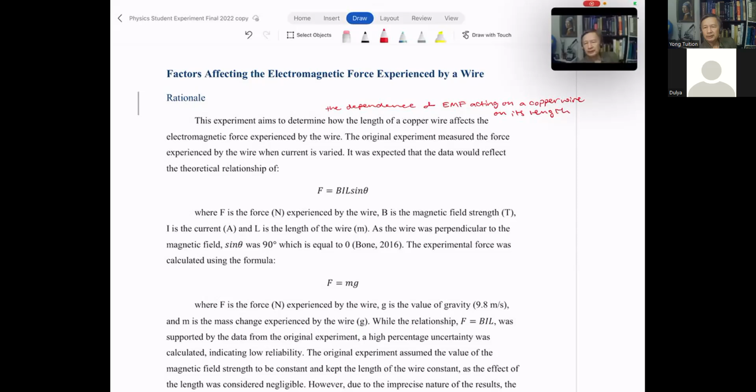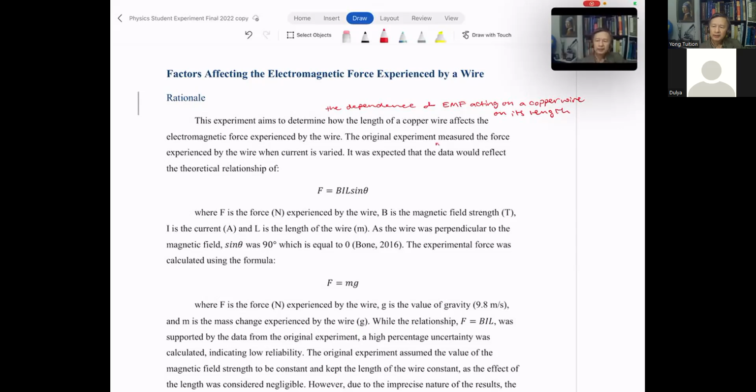Okay, just some changes. It was expected that the data would reflect a theoretical relation. It expects the measurement would be consistent with the theoretical relationship.